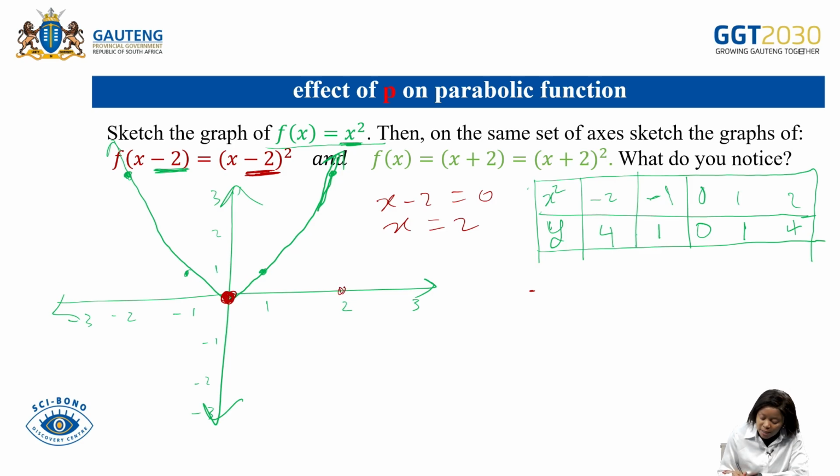It's going to turn here at positive 2, right? You're still going to have the same shape, but now your graph is going to turn like this. The turning point is now at positive 2, right? Meaning that your graph has shifted from 0 to 2. It has shifted 2 units to the right.